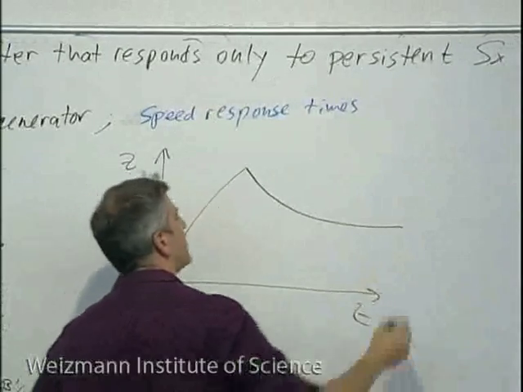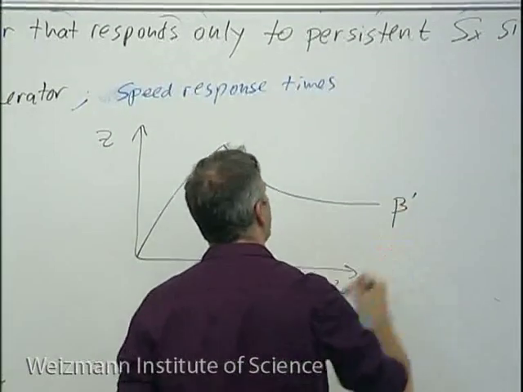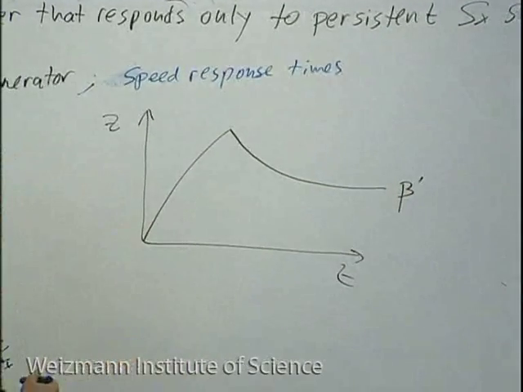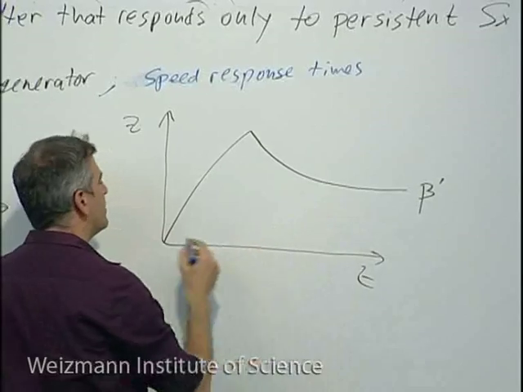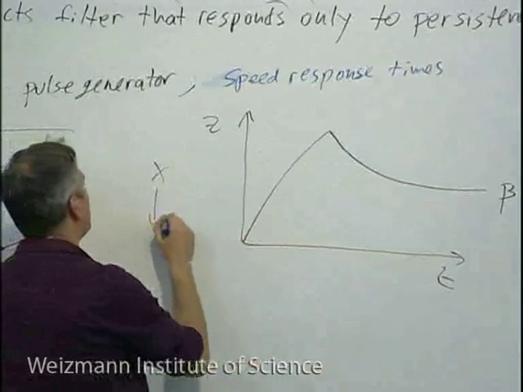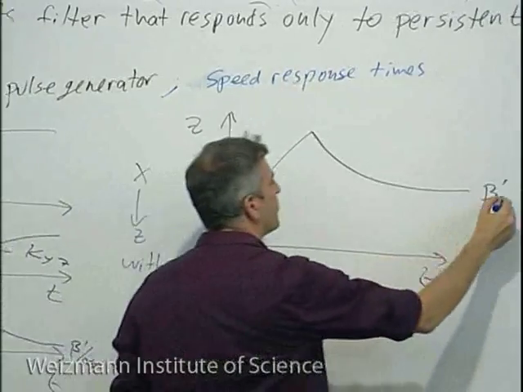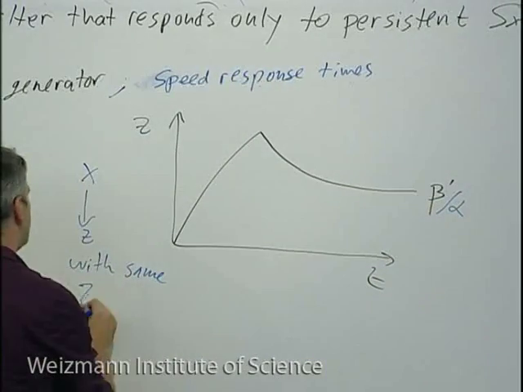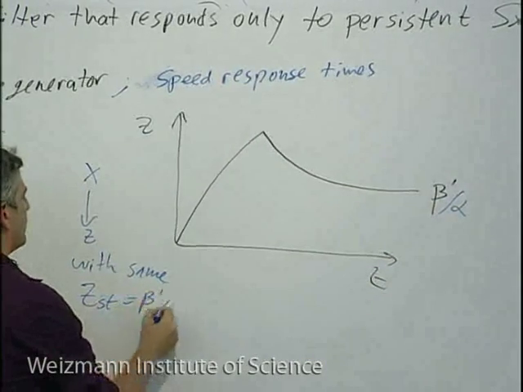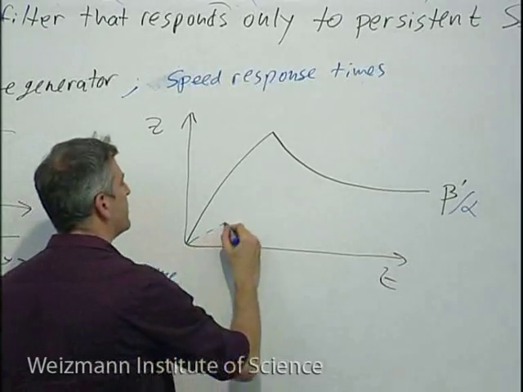If we're going to the new steady state, and I wanted to design simple regulation with the same Z steady state, beta over alpha, then it would look like this.